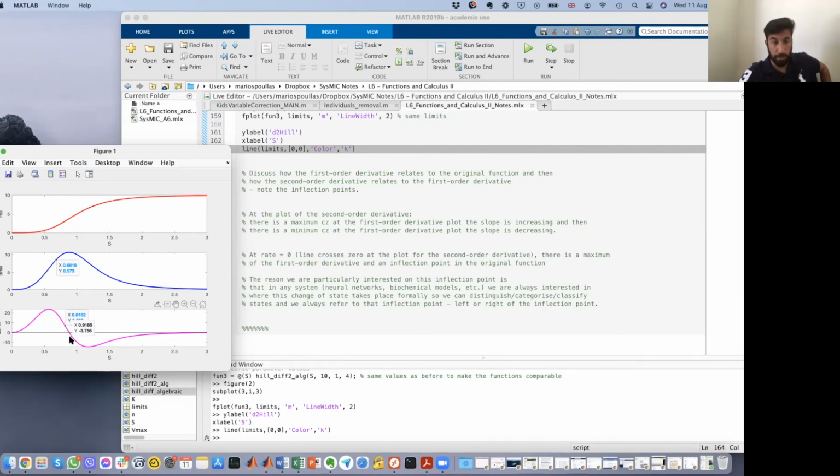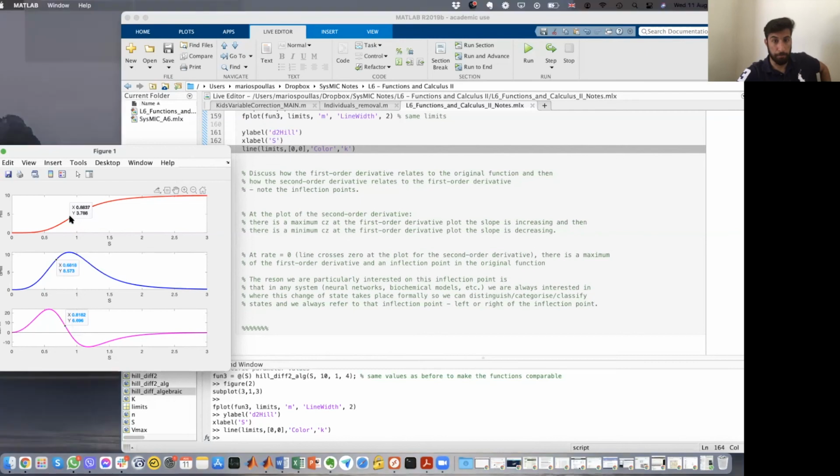And there is the maximum point of the first derivative, as you can see here, where it crosses 0 in the second derivative. In the first order derivative, it's a maximum point, and it's the turning point. It's the inflection point of the equation in its original form.